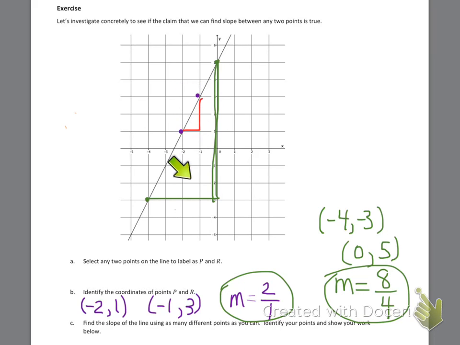But it's not necessary, because I could choose this point and this one, and my vertical distance was 8 and my horizontal distance was 4. And the slope of the line, notice these 2 ratios are equivalent. 2 over 1 is the same as 8 to 4. They both have a value of 2. So the slope of this line is 2.